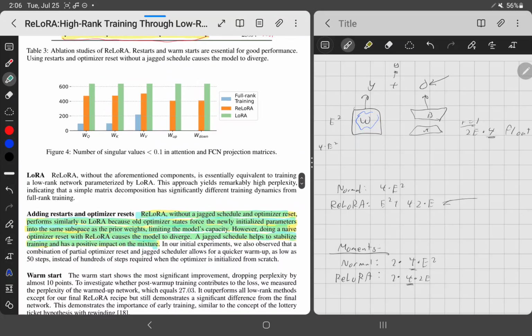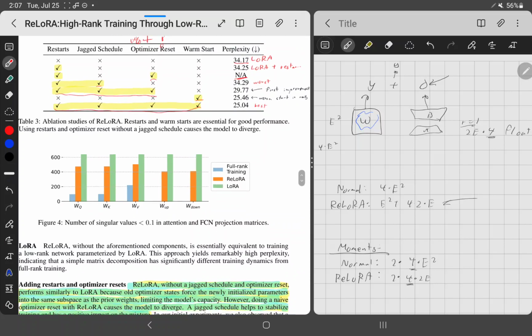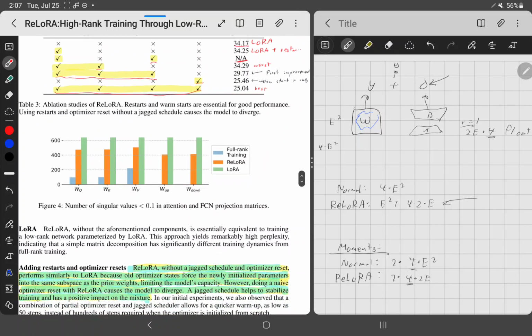So that's why you have to have both of them. And do note that this value does not use the restarts, so it's probably just normal LoRa, and this value right here is ReLoRa, so kind of similar, an interesting thing to look at.